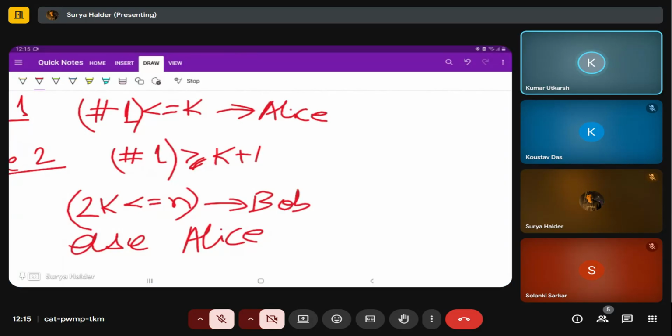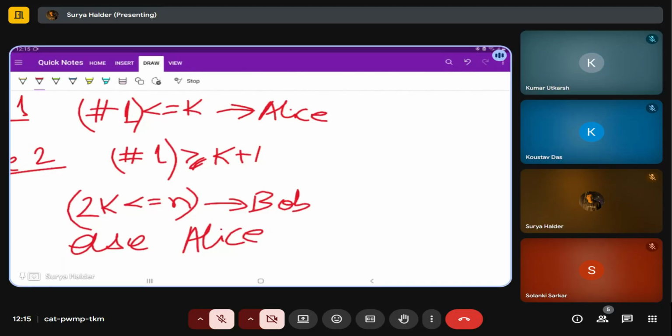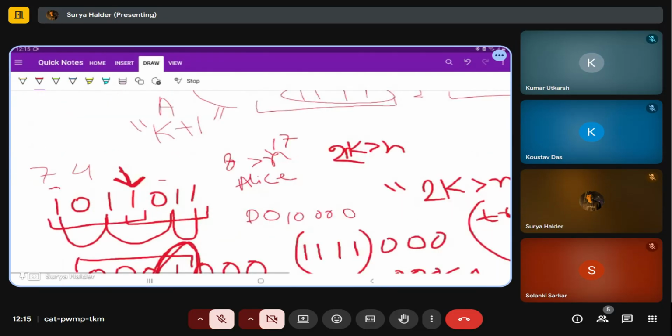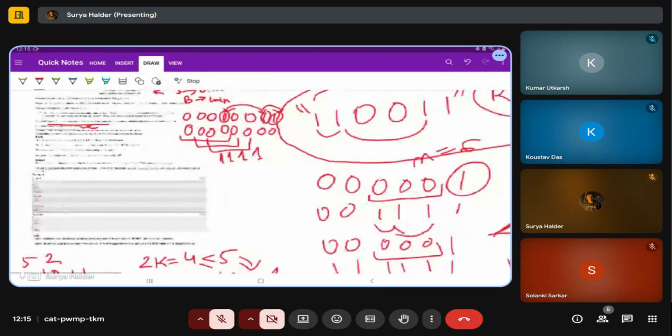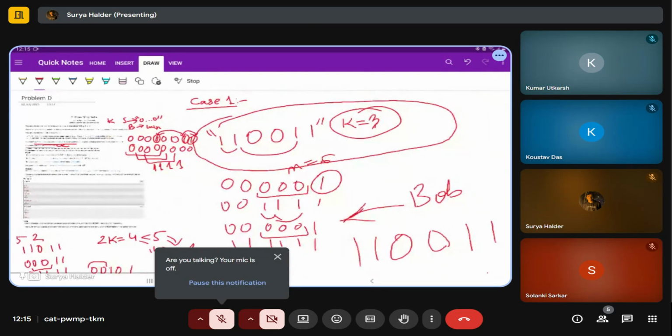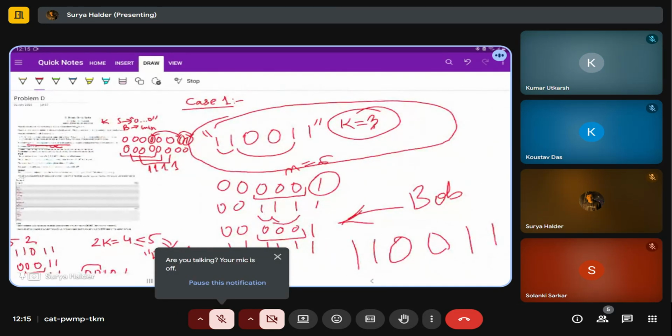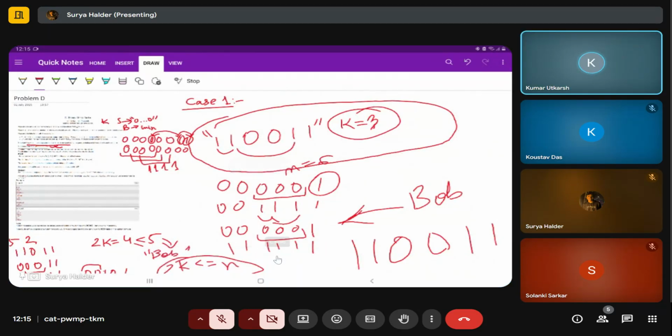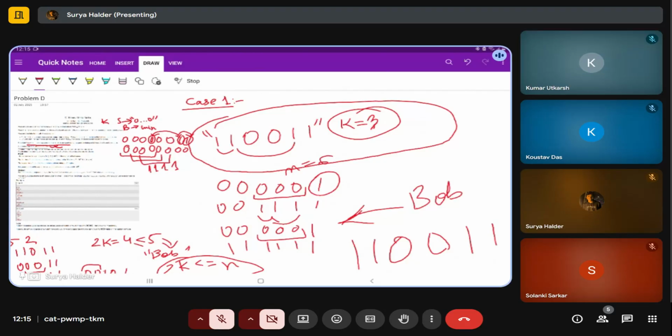Yeah, as you said, when there is an infinite game, then why does Bob win? It is mentioned in the question. Sorry, my question is not visible. Just one second. Sorry, Bhaiya, I have maybe overlooked it. Yes, just a second.